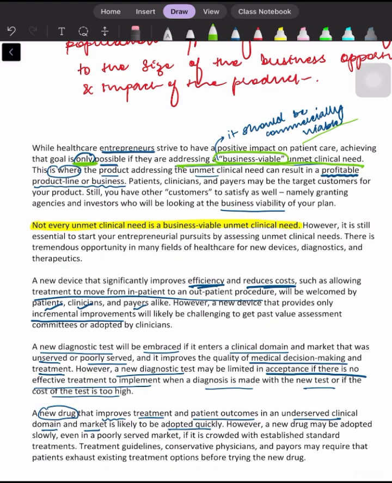Addressing any kind of unmet clinical need would not be smart unless it is commercially viable or business viable. This is where the product addressing the unmet clinical need can result in a profitable product line of business. This is not selfishness, because when you are doing clinical research and submitting your application to regulatory bodies, it takes not only your time, your years, it takes up to 20 years for a new molecule, for example a new drug, to get marketed.